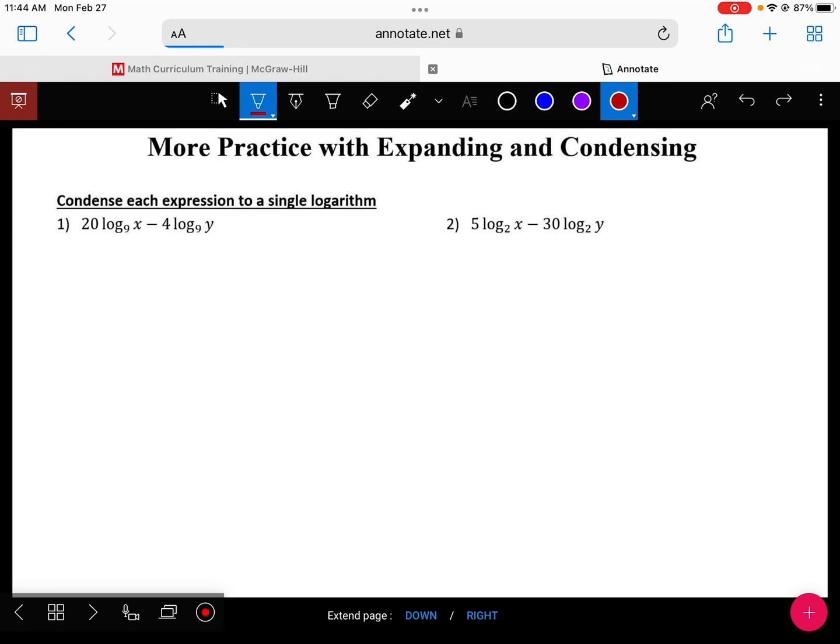I want you guys to try number 1 and number 2. Like I said, I'm going to give about 5 minutes. The only way to get better at this is to practice it.